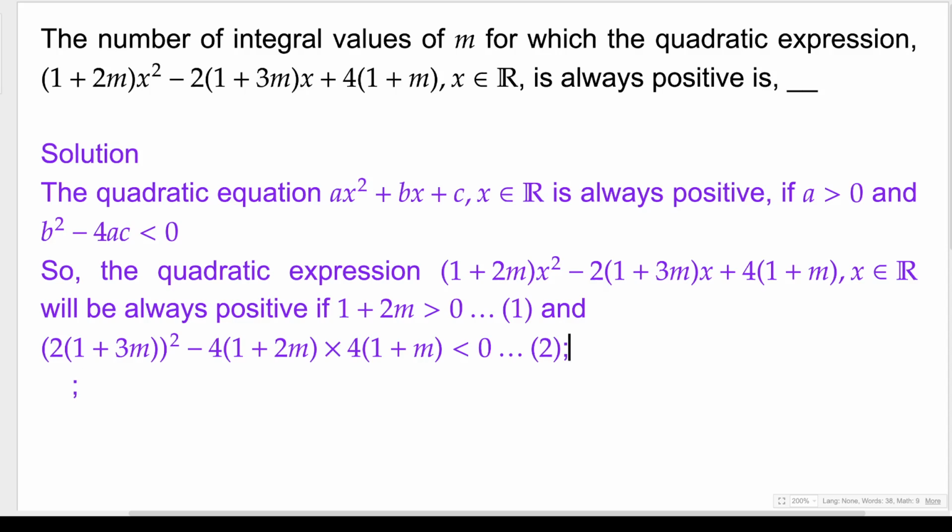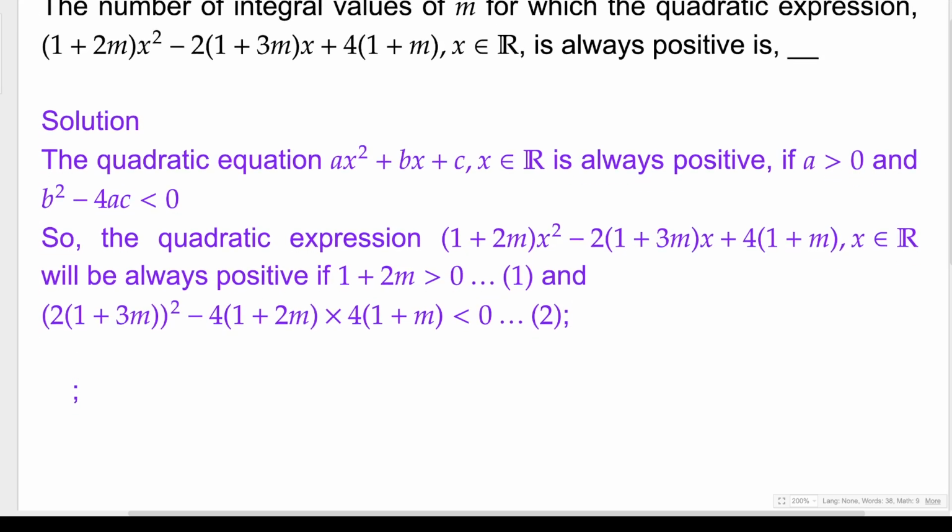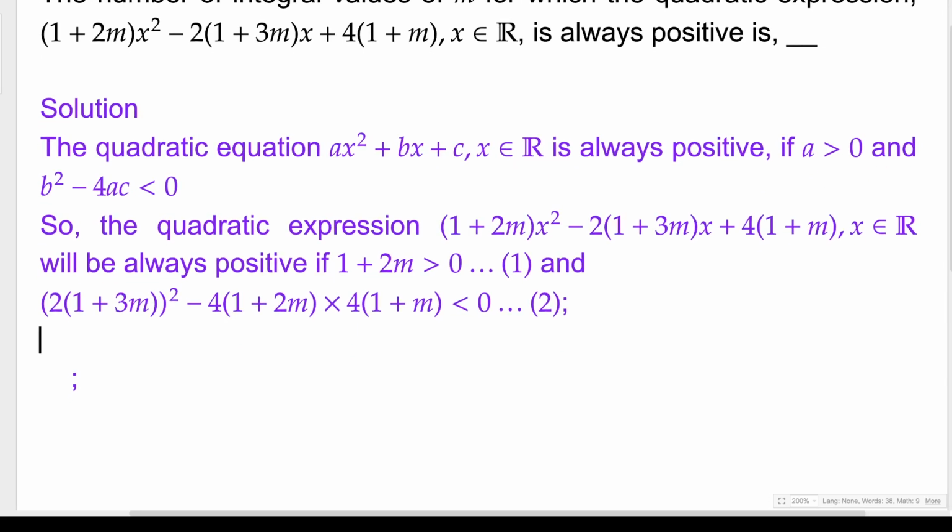Now using these data points, we will be solving this. If you observe the first inequation, on solving it we can clearly say that m has to be greater than −1/2, and let us mark this as 3.